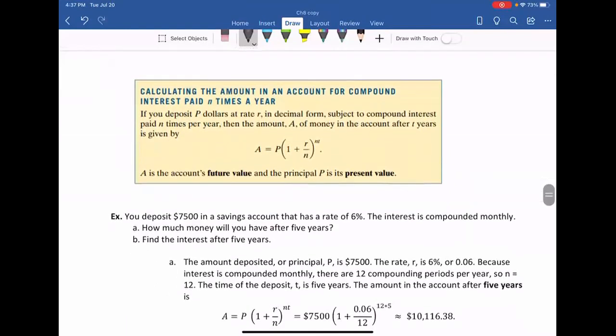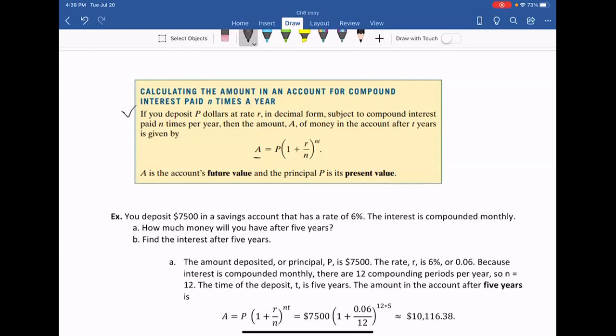Let's move on to see the formula to find the future value when the compound interest is paid n times a year. If you deposit P dollars at rate R in decimal form, subject to compound interest paid n times per year, then the amount A of money in the account after T years is given by A equals P times 1 plus R over N to the nt power.